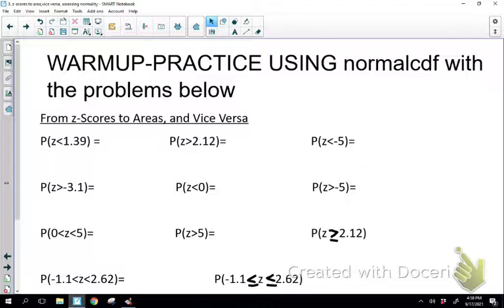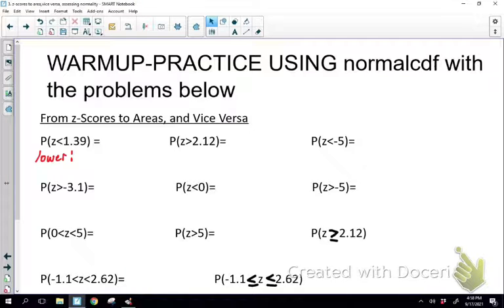All right, so on this one, you should use normal CDF. Notice how there's no bound on the lower. We need it to be negative infinity, although most calculators don't understand that. If you have a CAS, you could type it, but if you have one of mine, it won't understand that and it'll give an error.